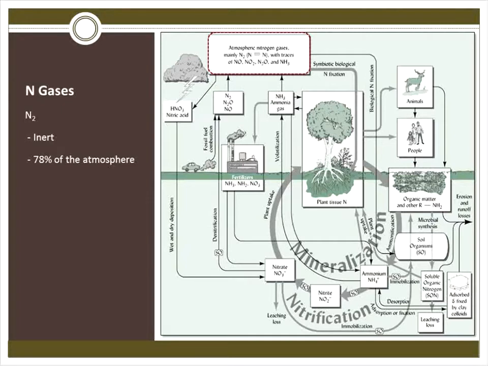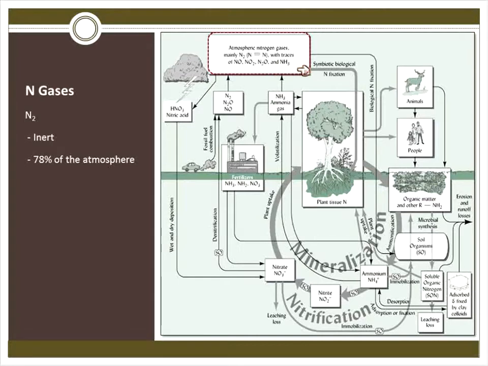So if you look at this box up here, you can see that the atmospheric gases are mainly N2 with traces of NO, NO2, and N2O, as well as ammonia.